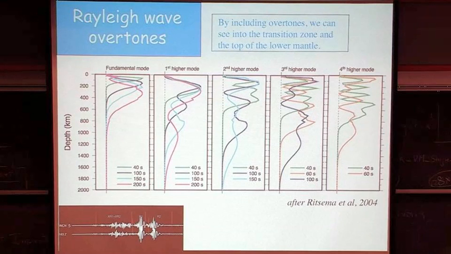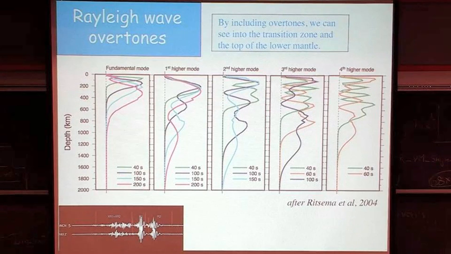The interest of the higher mode surface waves is that their sensitivity with depth depends on which mode you're looking at, and they reach deeper into the mantle. The comparison here: a fundamental mode Rayleigh wave at 40 seconds, the green one, is sensitive primarily around 30 kilometers depth. At 100 seconds, it's about 100 kilometers, roughly speaking.